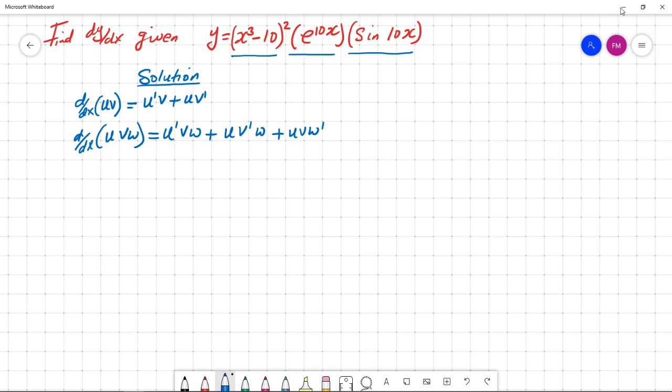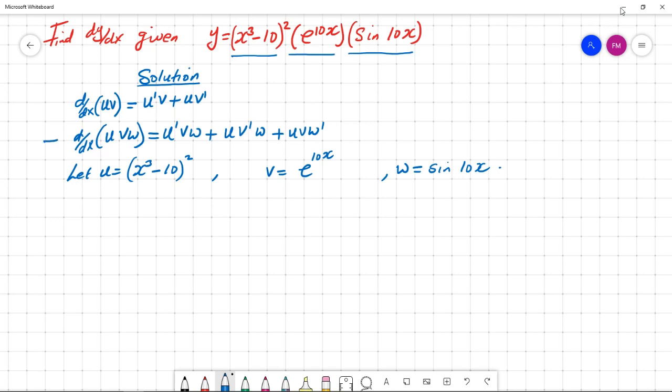So, for the given problem, we let our u be equal to (x cubed minus 10) squared, then our v be equal to e to power 10x, and then w be equal to sine 10x.